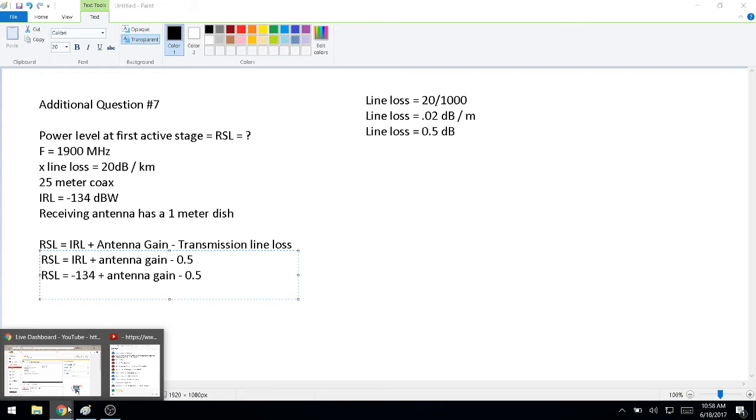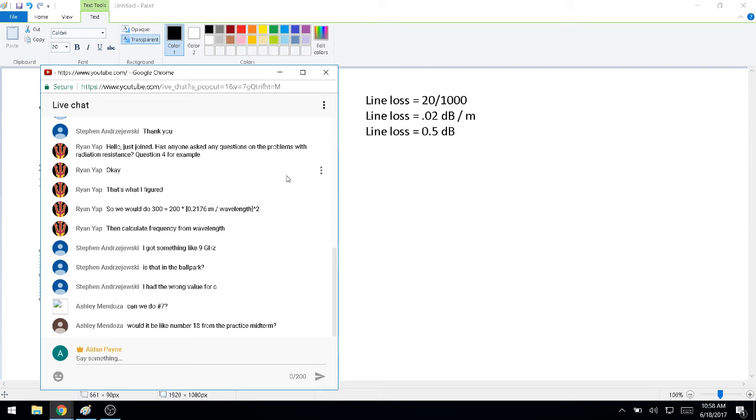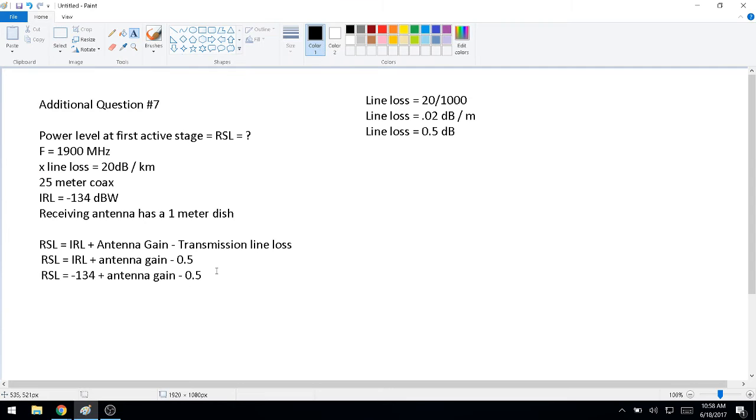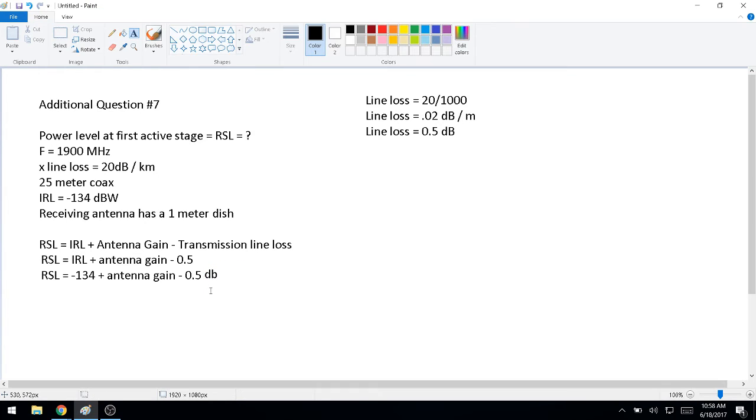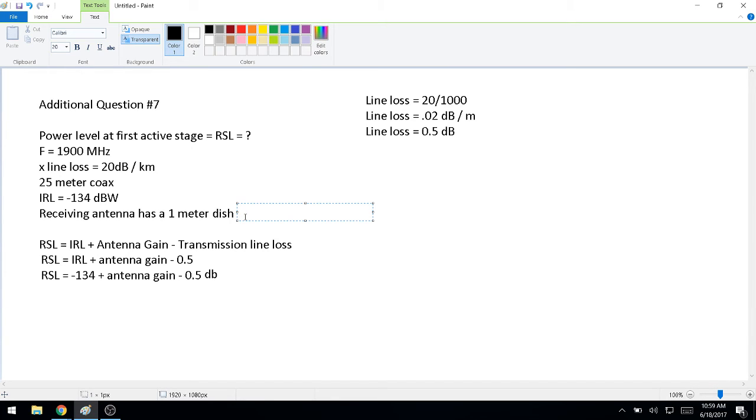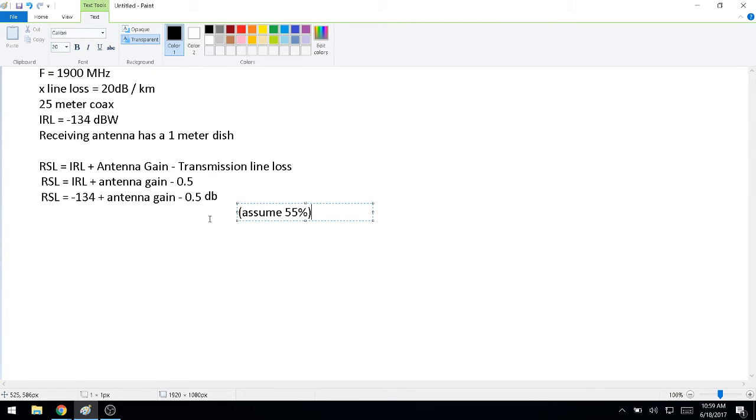And so the problem here now is that we don't know the antenna gain. We need to figure out what our antenna gain is, in dB. And the important information that we're given regarding this is that our receiving antenna has a 1 meter dish and we assume that it's 55% efficient.